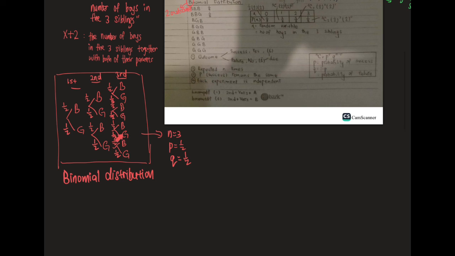So this is one experiment, this is the second experiment, this is the third experiment. So they are independent from each other. That means they won't affect each other. The first one will not affect the second, will not affect the third one. Okay, then in that case, if they fulfill all 4 of these, then you can use binomial.